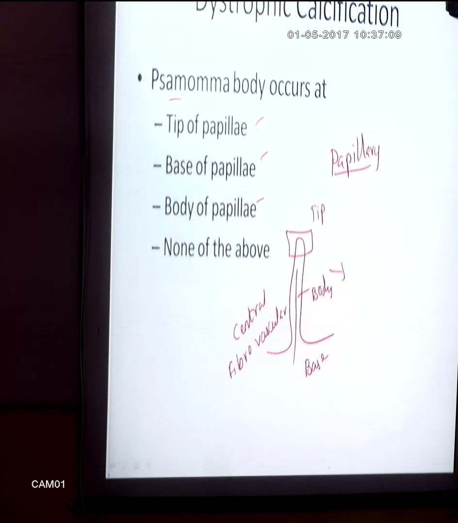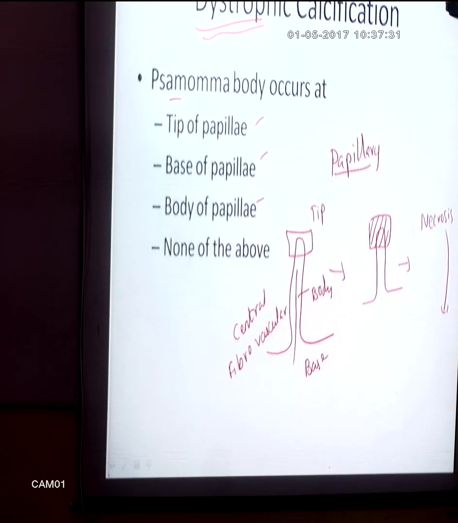So if there's a decreased blood supply, in other terms it's ischemia. So the tip will have an ischemic effect and will undergo necrosis. Whenever there is necrosis, there is more chance of dystrophic calcification. Dystrophic means in diseased tissue.